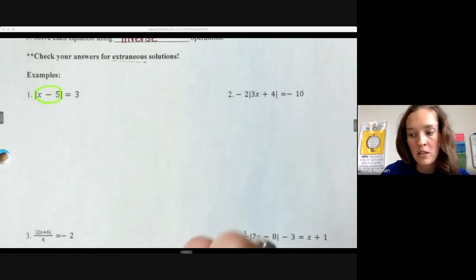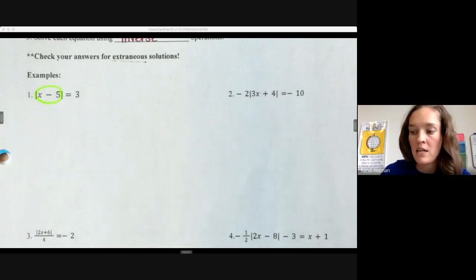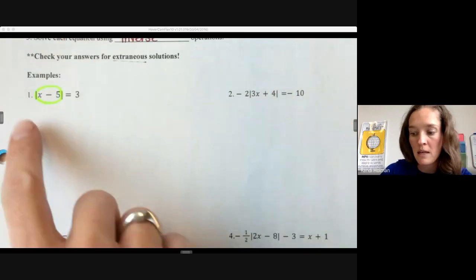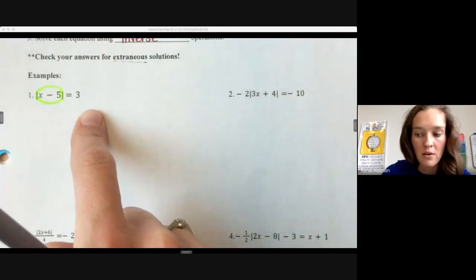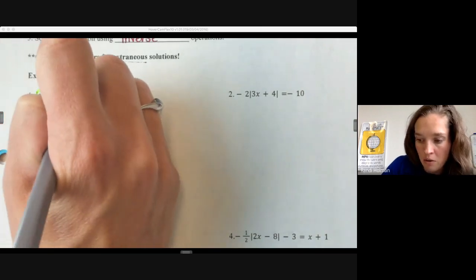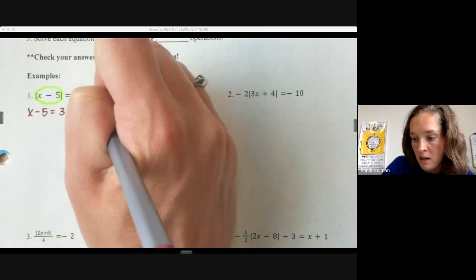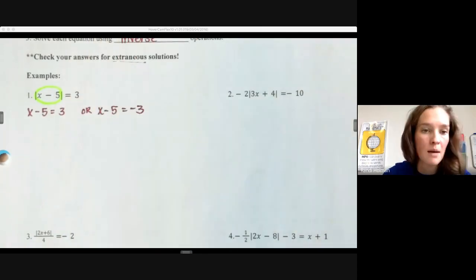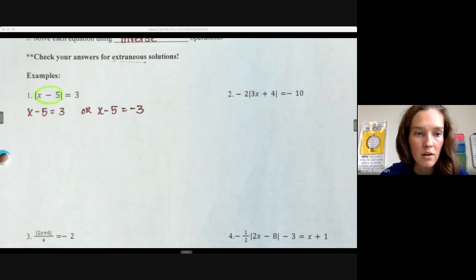So now we're just going to move on to step 2 and write two equations using that definition of absolute value. So if the absolute value of x minus 5 is equal to 3, that means that the thing inside, x minus 5, is either equal to 3, or the thing inside the absolute value could be equal to -3, because the absolute value of -3 is also 3.